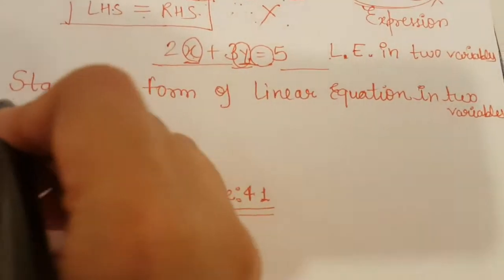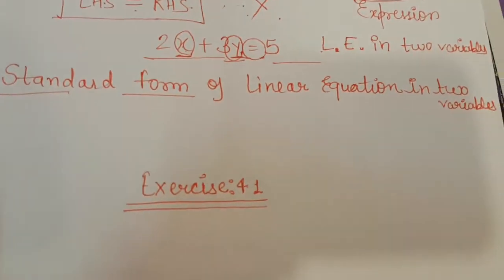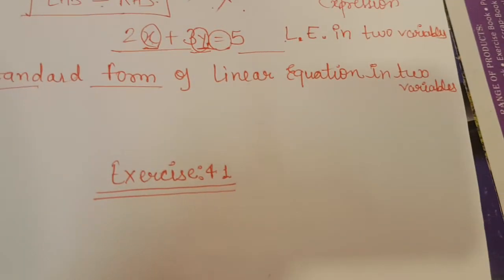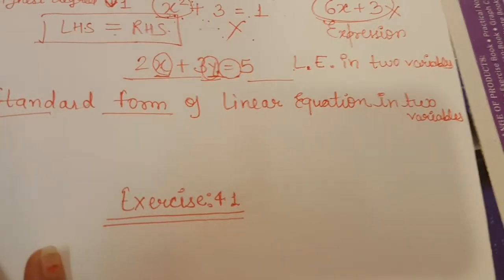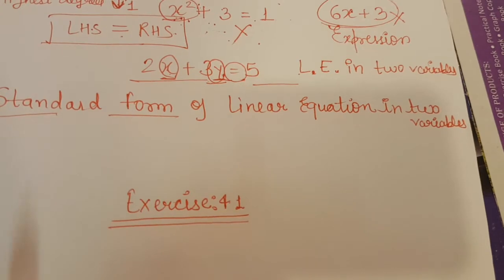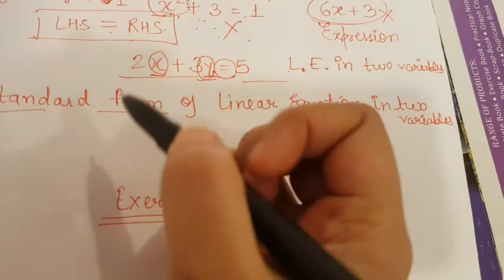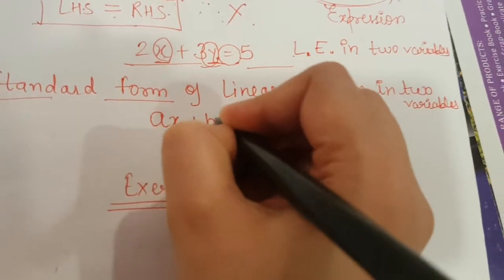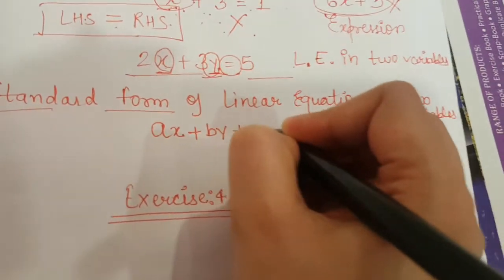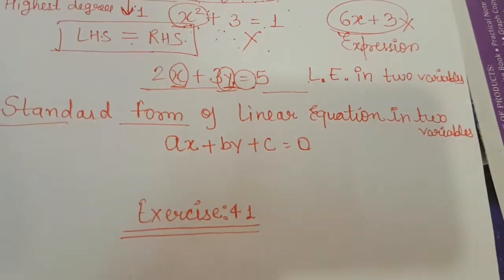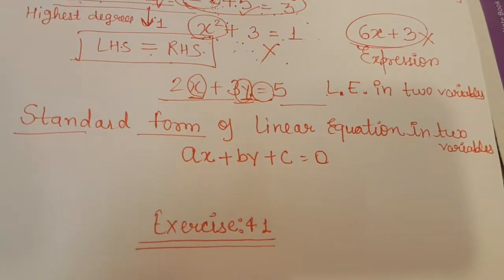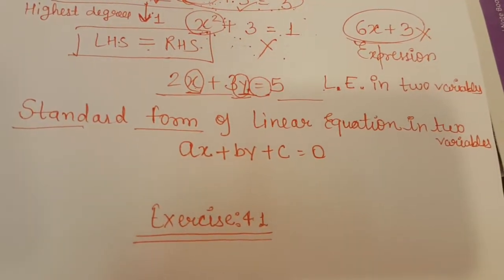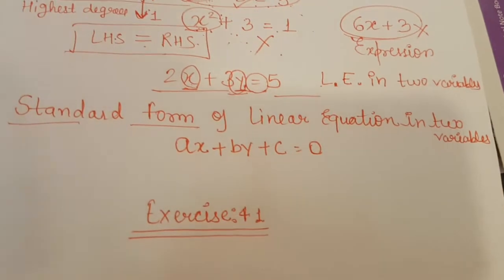Standard form का मतलब होता है कि linear equation in two variables किस form में होनी चाहिए हमेशा. The linear equation in two variables has to be in which form always? So in which form? The standard form is ax plus by plus c equal to 0. This is the standard form of linear equation in two variables. Now you will say that these all are variables.